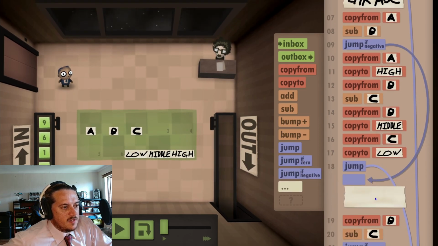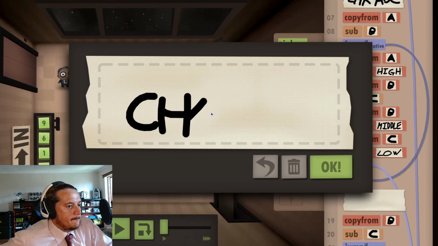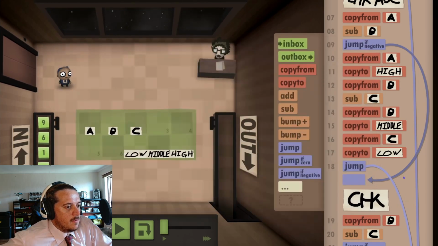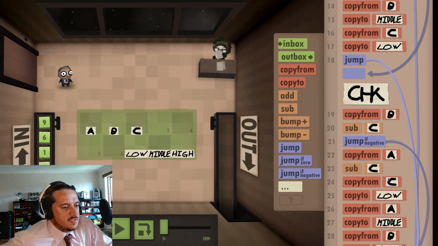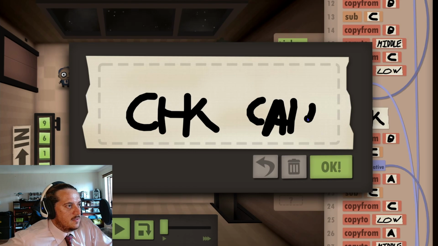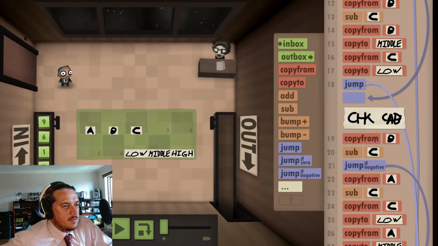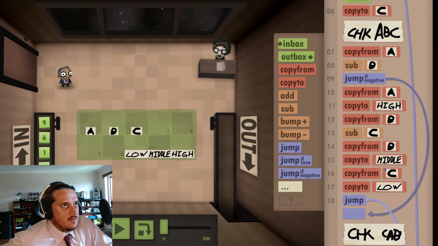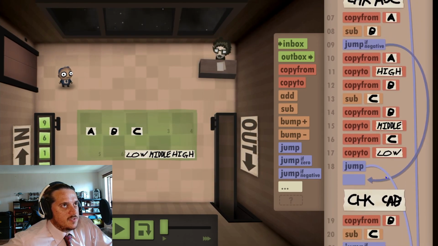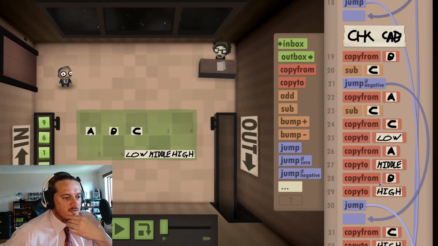So then we jump down here, and now we're checking CA. Now we're checking CA. And then we must check BCA and BAC. Oh, right.